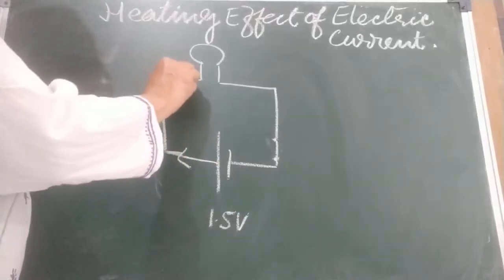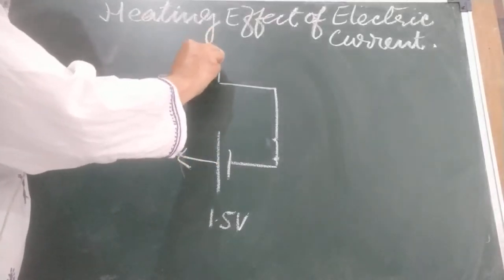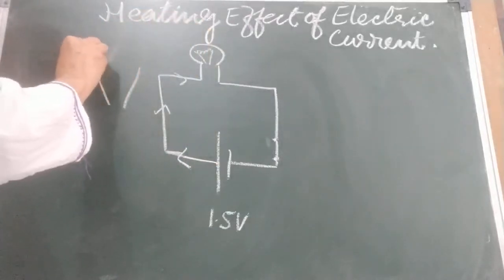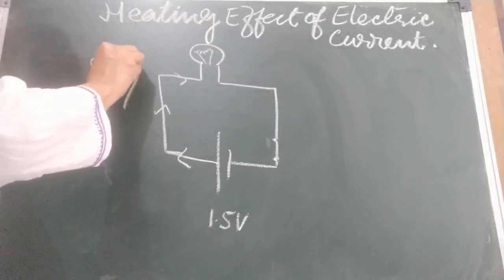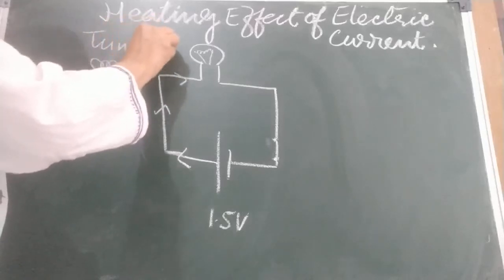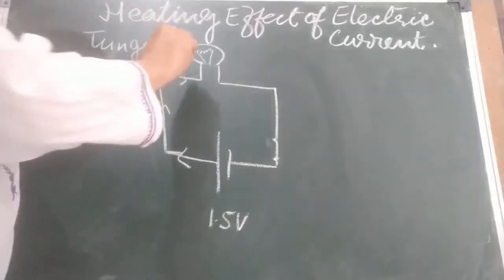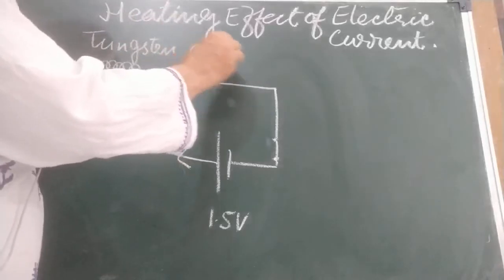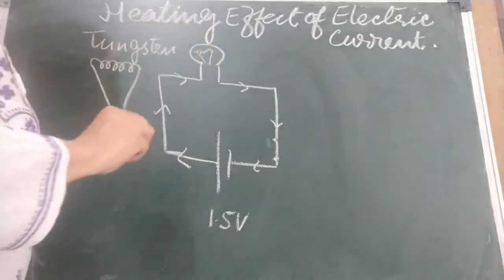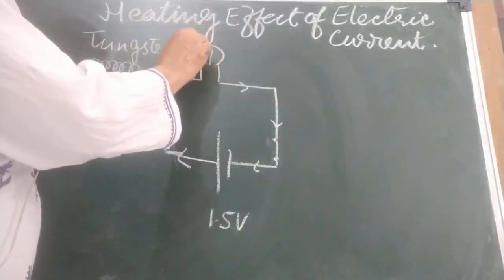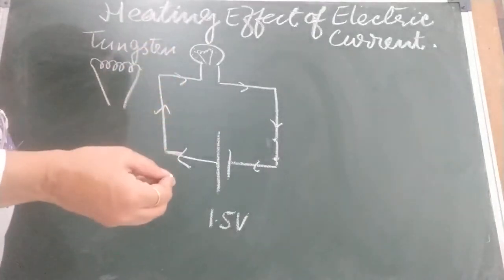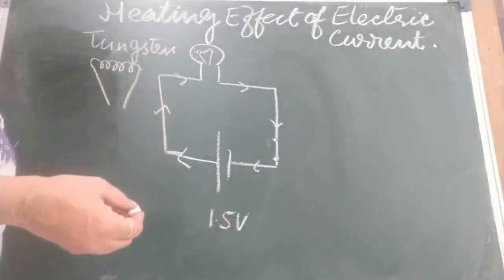It will flow, and inside the bulb there is a filament. Children, last year you had studied this filament is very thin, and this filament is made of tungsten wire. As the current flows, this tungsten heats up, and due to the heat of this tungsten wire, the gas inside the bulb glows and it gives light to us, and we call this an incandescent bulb.